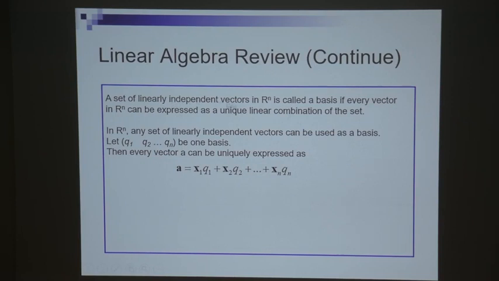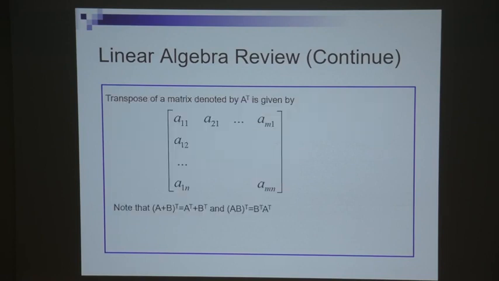A set of linearly independent vectors in Rm is called a basis if every vector in Rm can be expressed as a unique linear combination of the set. So this is a revision.